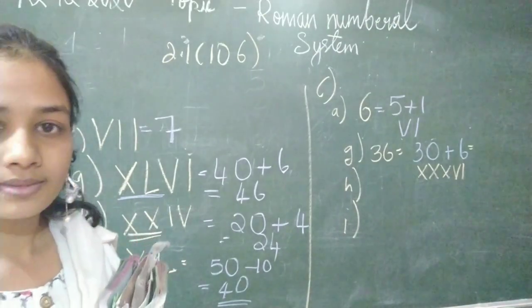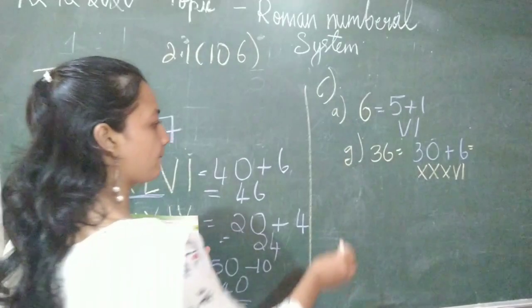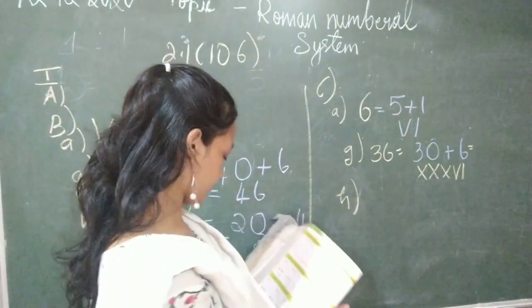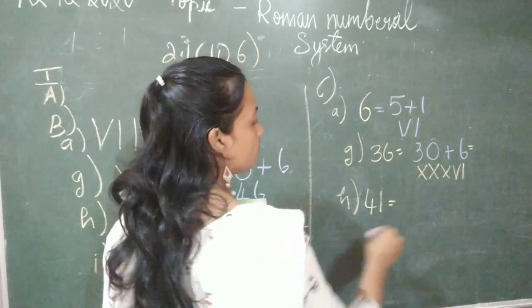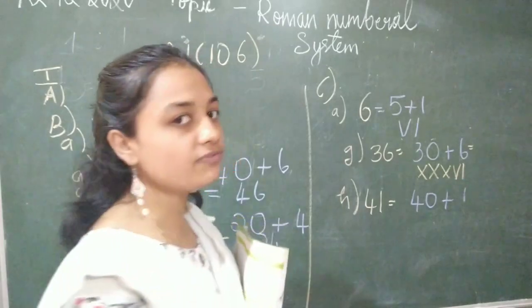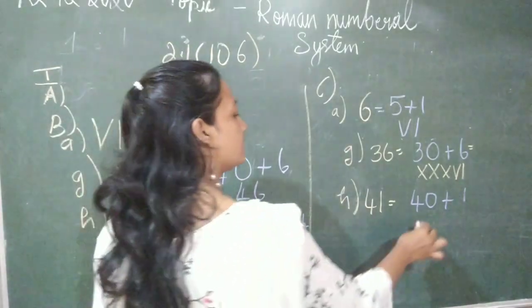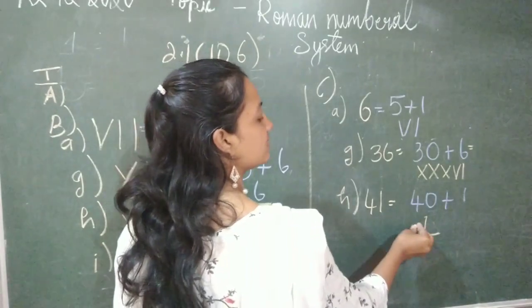Now, go for H1. 41. That is 40 plus 1. But how to write 40, children? It is 50 minus 10, that is L minus 10. That is XL.